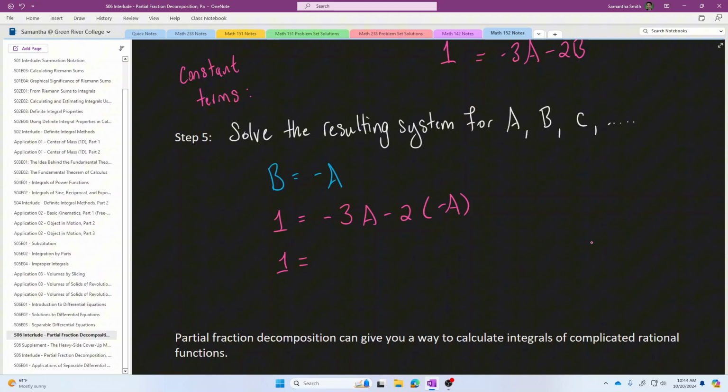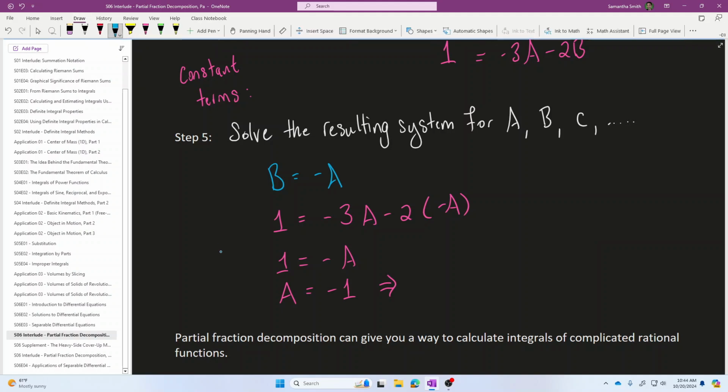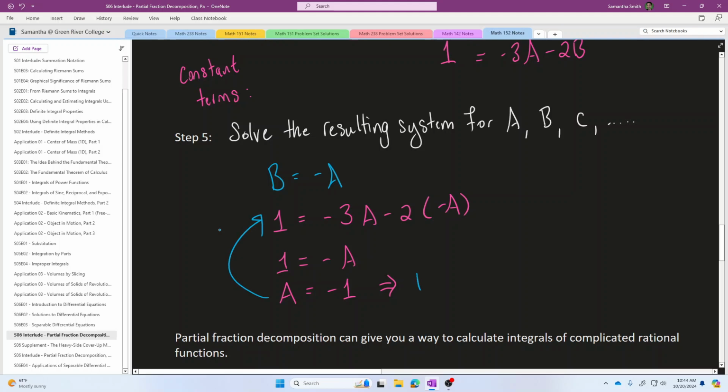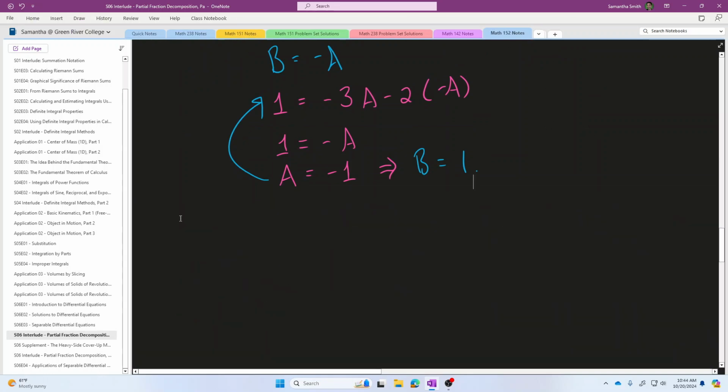If I simplify the expression on the right side, I get that 1 is equal to negative a, so a must be equal to minus 1. And if I put that back into this equation here, that tells me that b must be equal to positive 1.